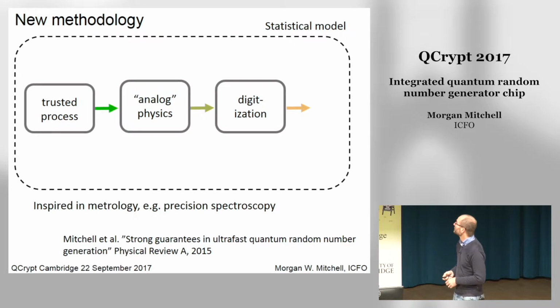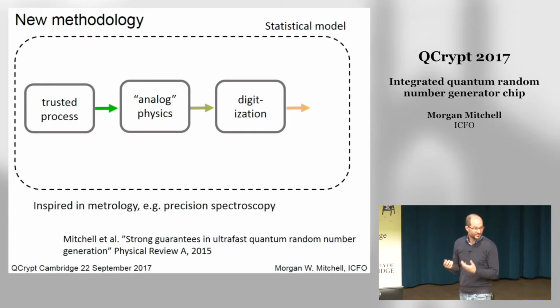So the new methodology is this. We're going to take a trusted process, which will usually be quantum, but let's just say it more generally: some trusted physical process. And it's going to be used in an analog way. There's going to be some instrument that is first using that process to generate some analog signals, and then that signal will be digitized.